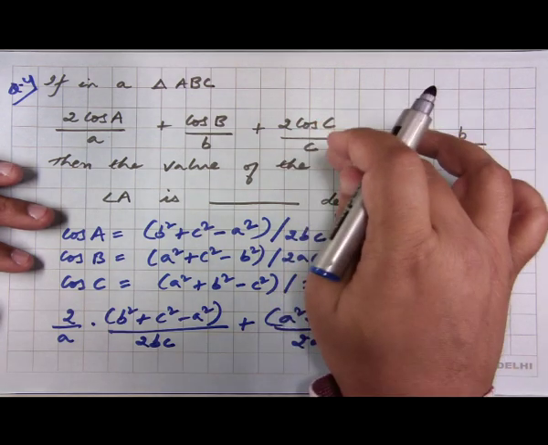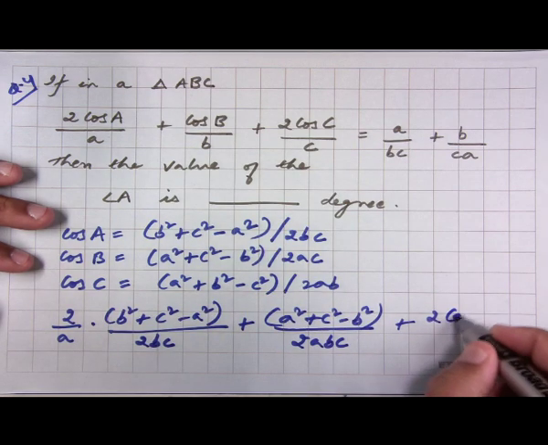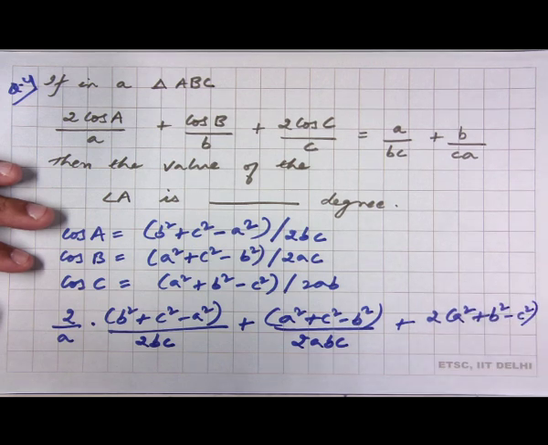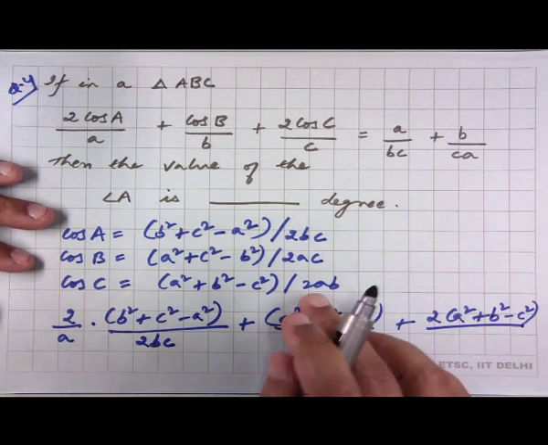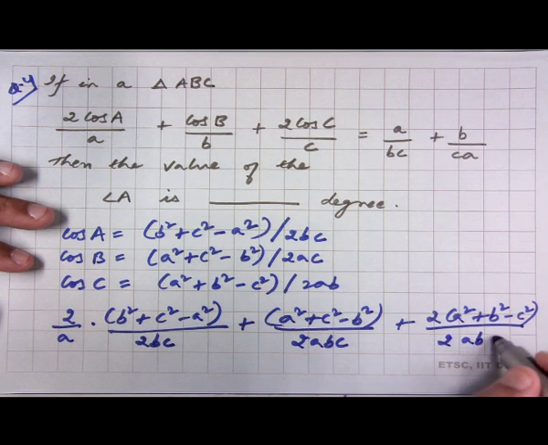plus 2 cos C over C. So, 2 cos C over C will be 2ABC.